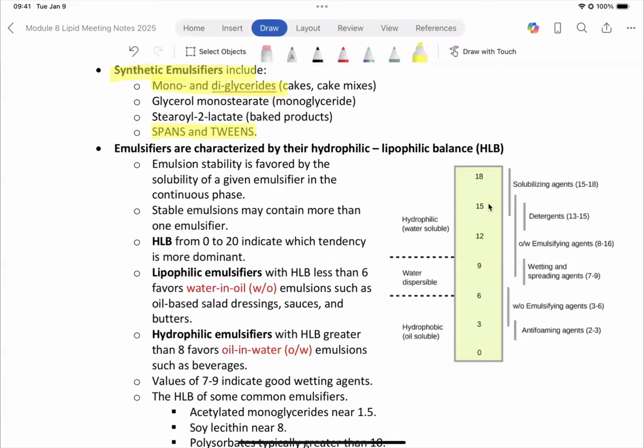Not without getting with my R&D people. All right. Which emulsifiers do you use? That's another question I'd have to ask my R&D team. How about you, John? Lecithin. Lecithin? Yeah.